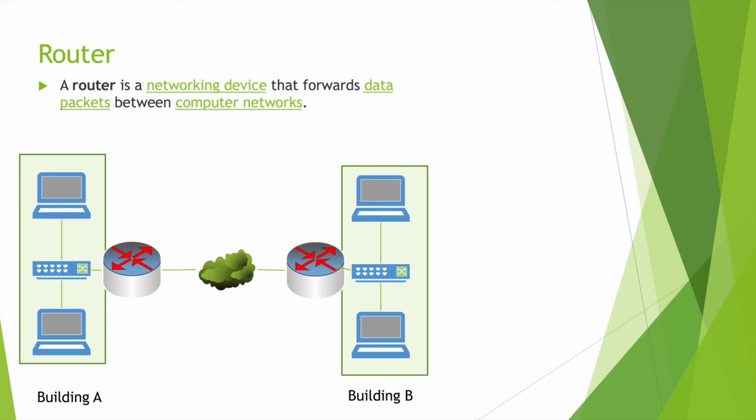So if one client machine from building A sends a file, it goes to the switch of building A, then goes to the router. Through the internet, it reaches the destination router of building B, then it goes to the switch of building B and reaches any of the client machines where it needs to go. So that's the basic functionality of a router. It connects two networks together.